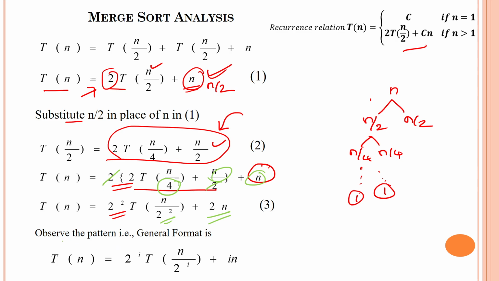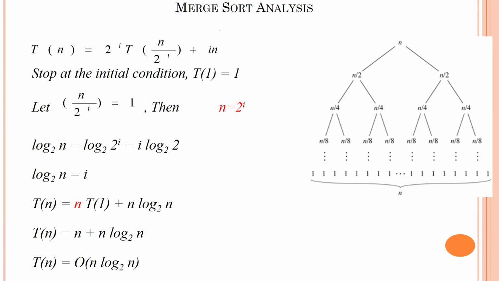This pattern, for i times, gives you 2 power i times T of n by 2 power i, plus i times n. If we keep doing this until we get a single element in the subarray, we reach the initial condition T of 1 equals 1.